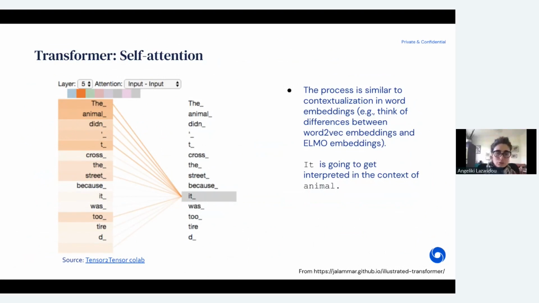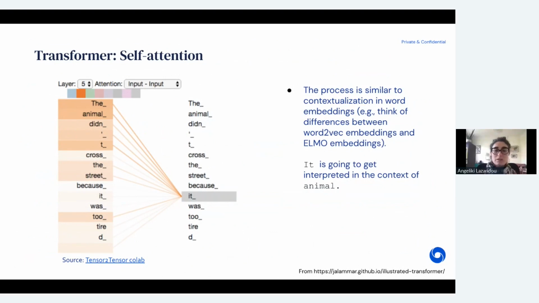Now, the reason why contextualization is so important is because it allows us to extract more information from a single word. So in this particular example that I'm showing here, let's say that for the word it, we want to derive a representation within the model. Without self-attention, it wouldn't be easy to have a good representation of it, because as a word it doesn't really mean anything out of context.